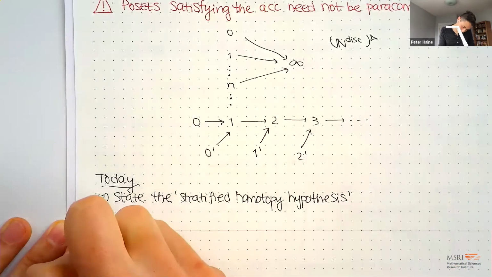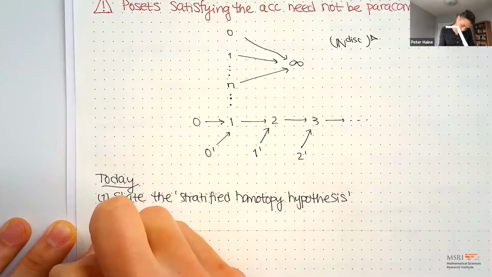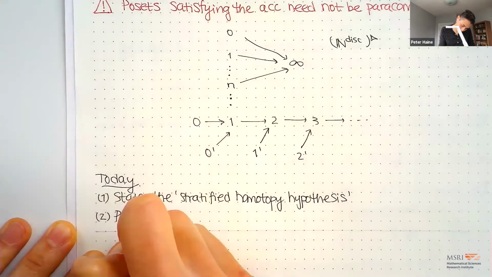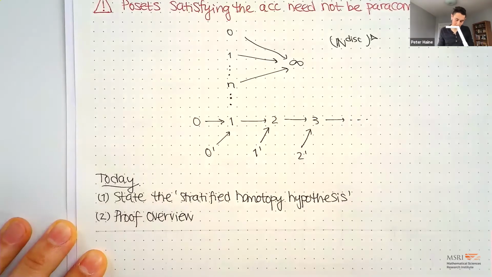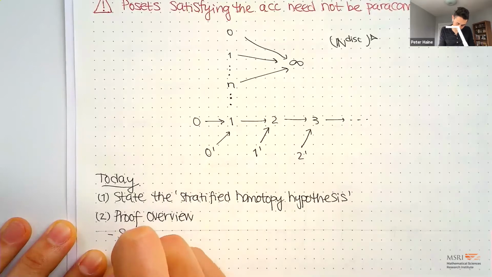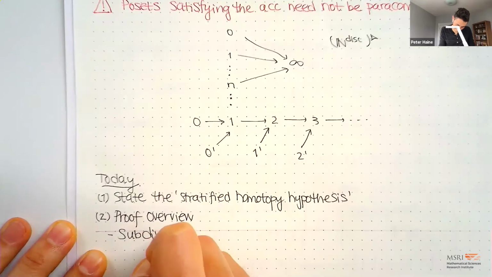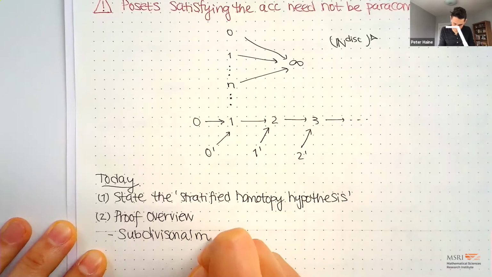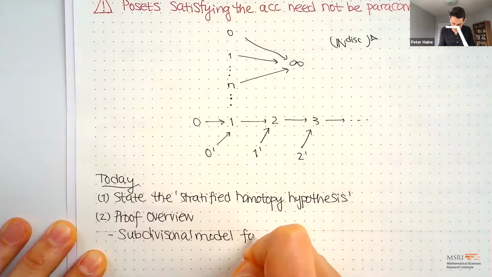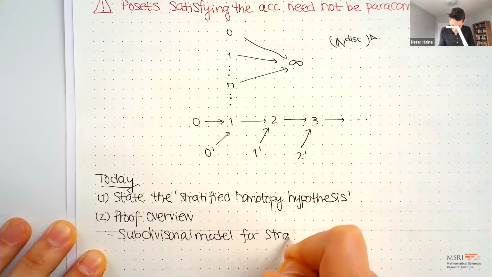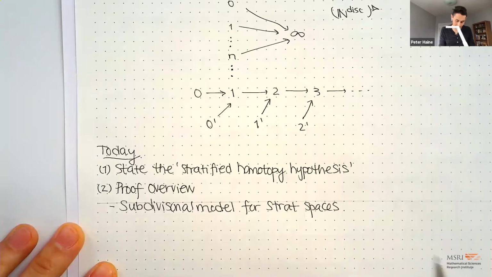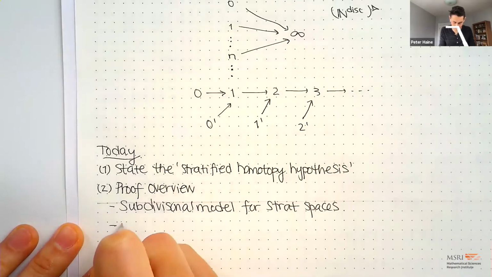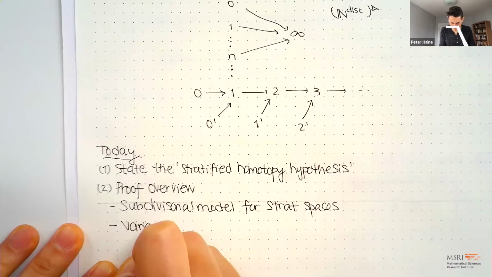And then I want to give a sort of proof overview of this result. And so we'll talk about the subdivisional model for stratified spaces that some people asked questions about last time, and also various model structures.